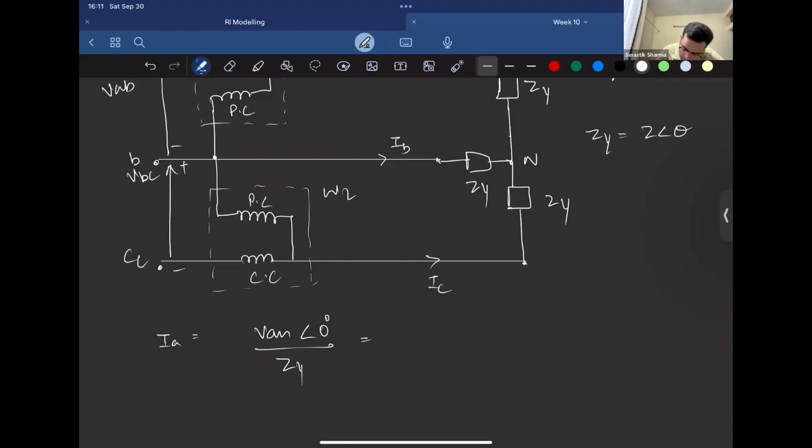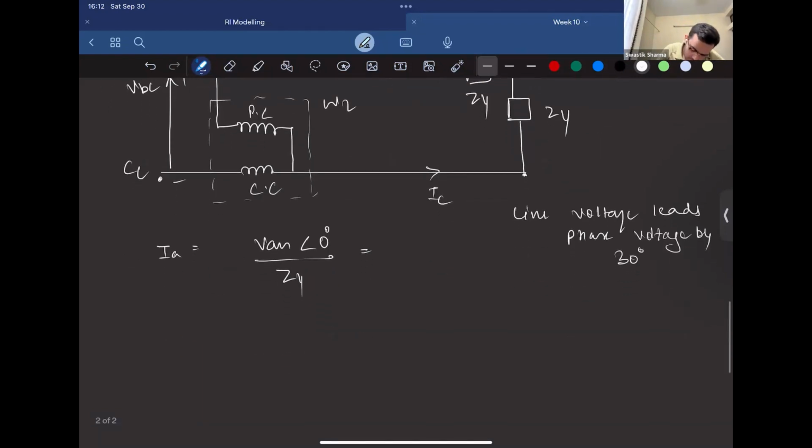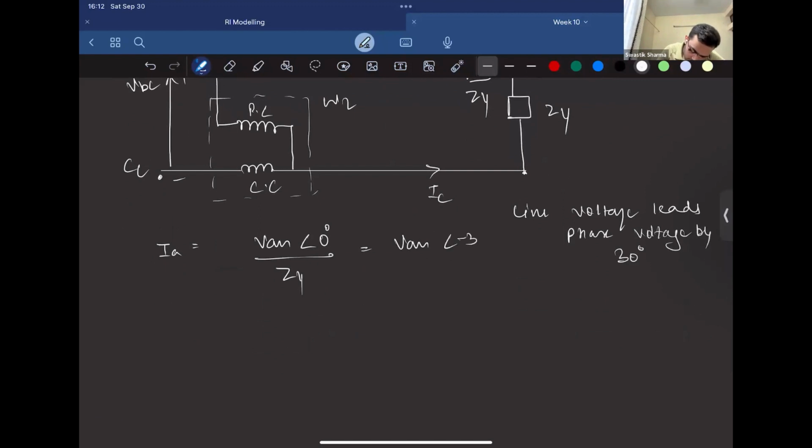Now we know line voltage leads phase voltage by 30 degrees, right? So we know this would become, oh, sorry, minus 30 degrees, right? And since it's going to lead it by 30 degrees, the value is VAB.